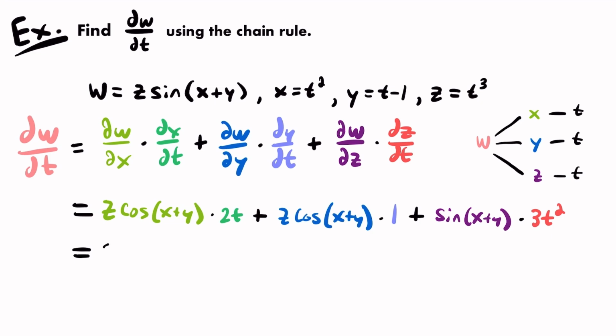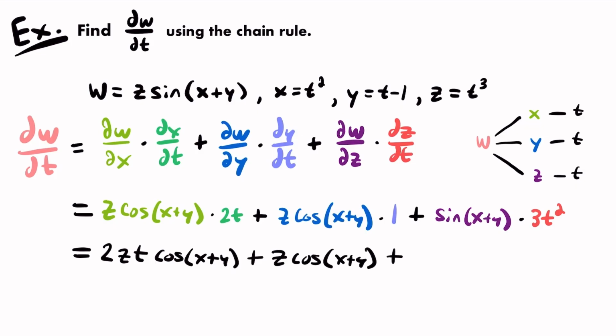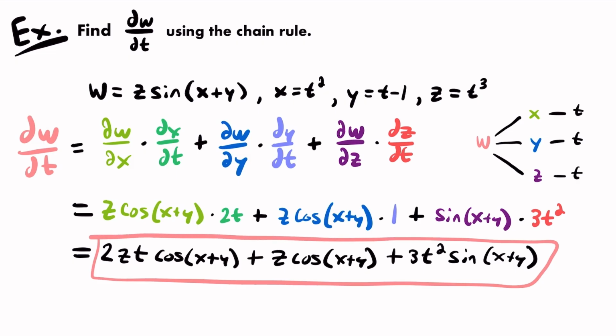So for the first term, we'll have 2z times t times cosine of x plus y, and then plus z times cosine of x plus y, and then plus 3t squared times sine of x plus y. And that would be my final answer for dw/dt.